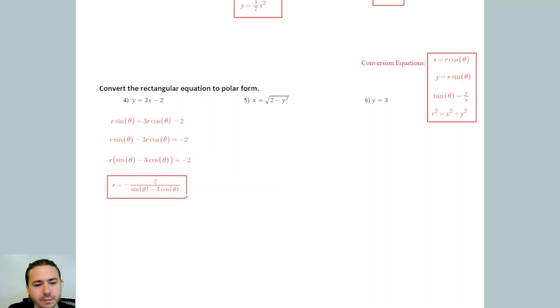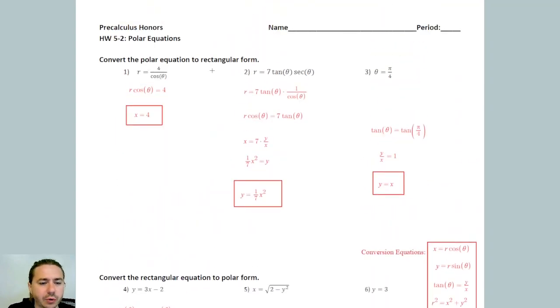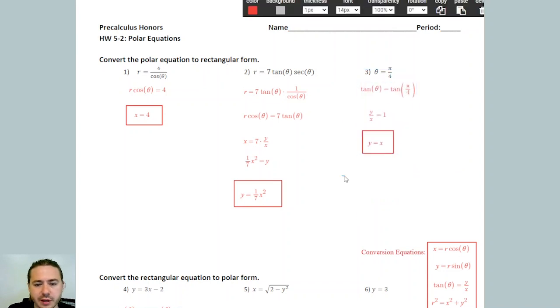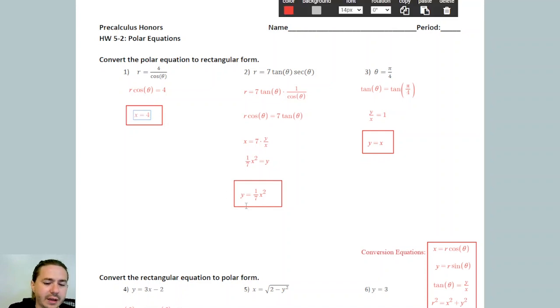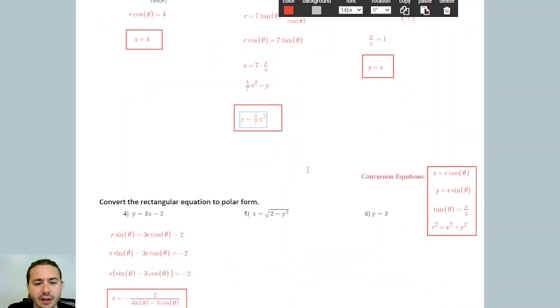When you're trying to rewrite polar equations in rectangular form, generally speaking, you're trying to isolate y. Now in some cases that's not possible, right? On this one up here, we see that there's not even a y to isolate. So in that case, you just isolate x. In some cases, it's not going to be possible to isolate y or x, but if you can, you try to go for y.